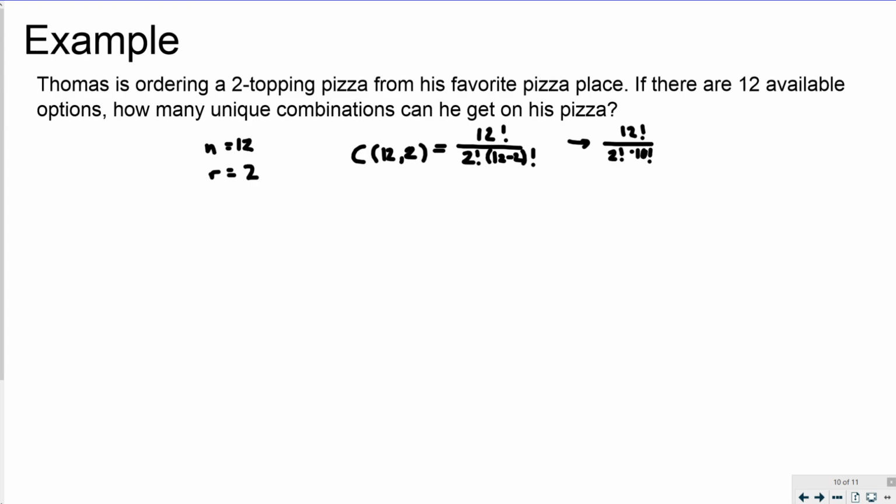And when all is said and done, it leaves us with 66 combinations. So Thomas has 66 different choices for combinations on his pizza.